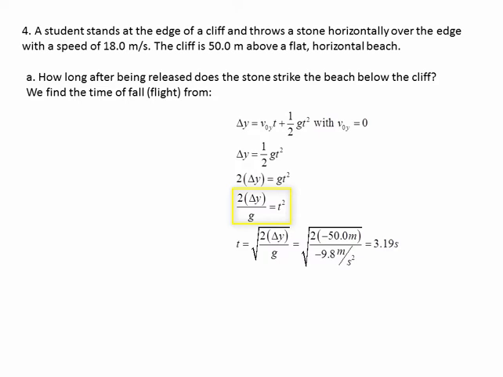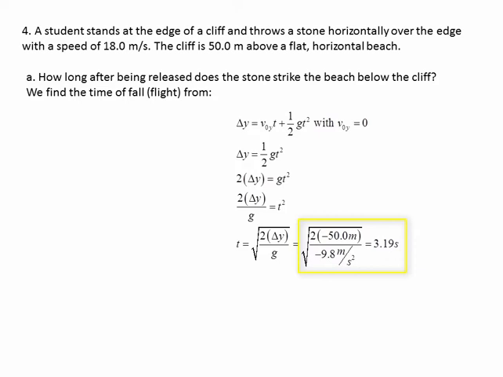So now we have time squared by itself as a single term, and we can take the square root then of both sides, and in doing so now we have the square root of 2 times the change in y divided by gravity. So now we're ready to insert all of our known values. 2 times minus 50, which is in the downward direction, divided by the downward direction of gravity, 9.8 meters per second squared.